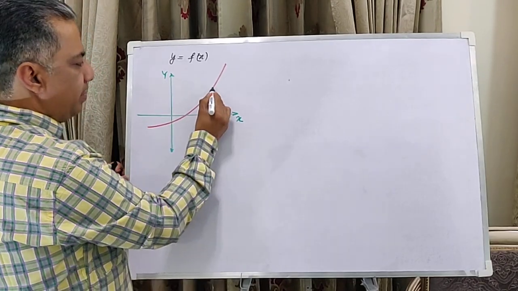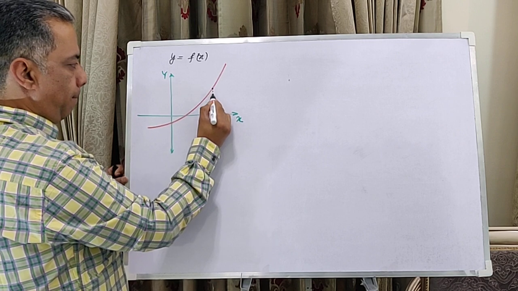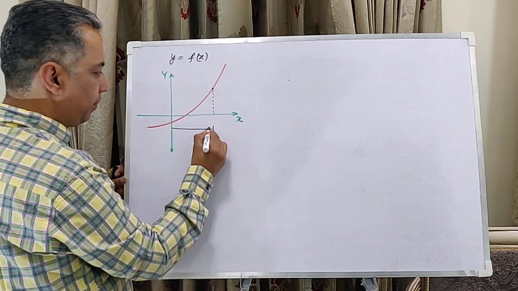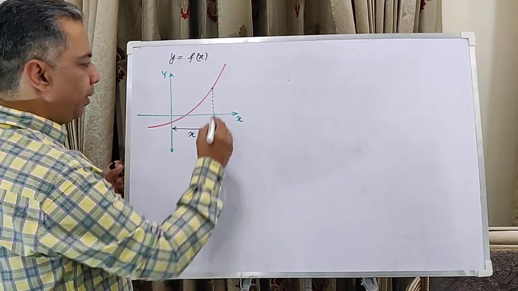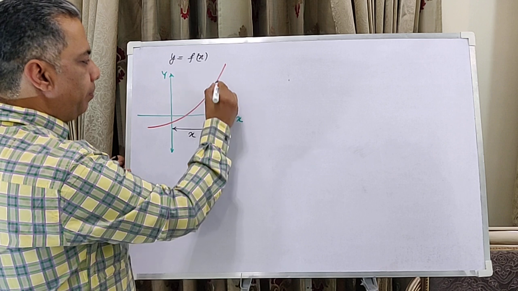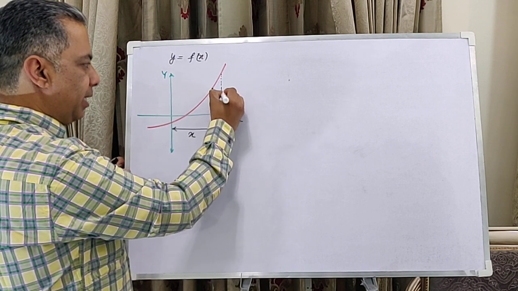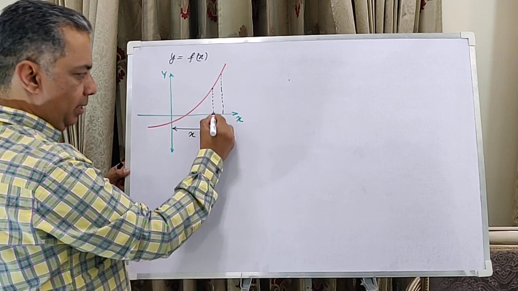Now let's have a look at this point. Now this length here is clearly x. Then let's also draw this vertical line here from this point.